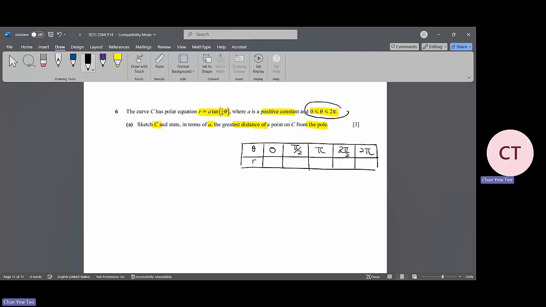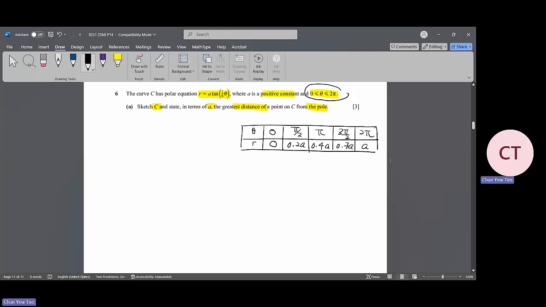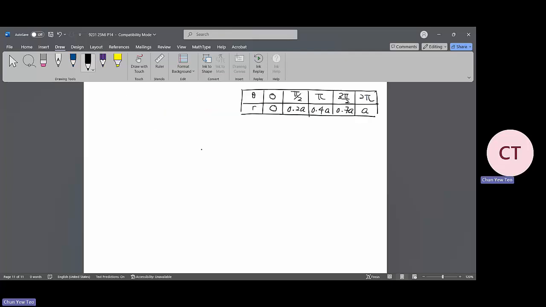Okay, so if you just calculate with your calculator, then you will get these points. I just give the answers here to 1 decimal place. Okay, so this is the table that I have. Then I just need to sketch it properly with the proper scale. This is theta equal to 0. This is theta equal to pi over 2.